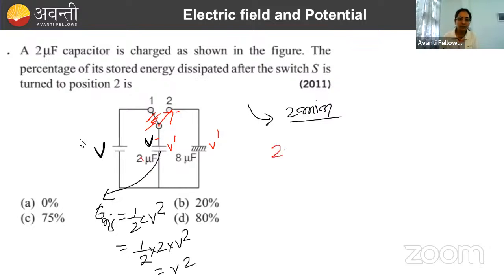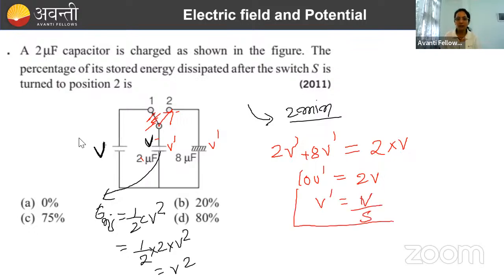Charge on 2 microfarad will be 2 V dash, charge on 8 microfarad will be 8 V dash, and this will be equal to the initial charge on the 2 microfarad, which is 2 into V. We have discussed this many times. So 10 V dash is 2V, so V dash is V by 5. The final potential is V by 5.